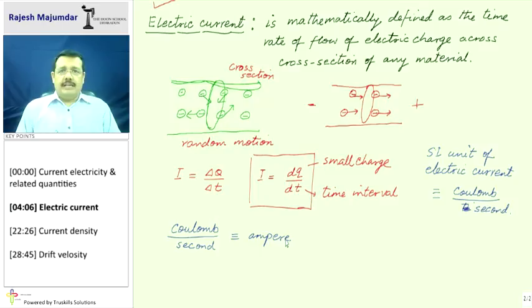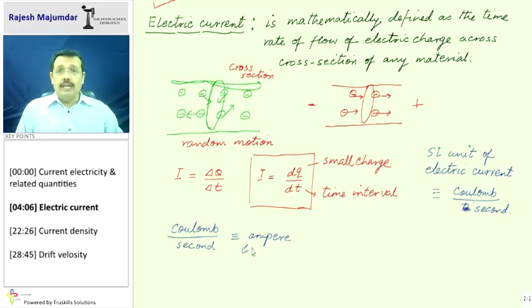Now you see this SI unit of electric current is named after the scientist Ampere, and when we write the name in full, then this first letter has to be written in small case. Remember that. This is the convention.